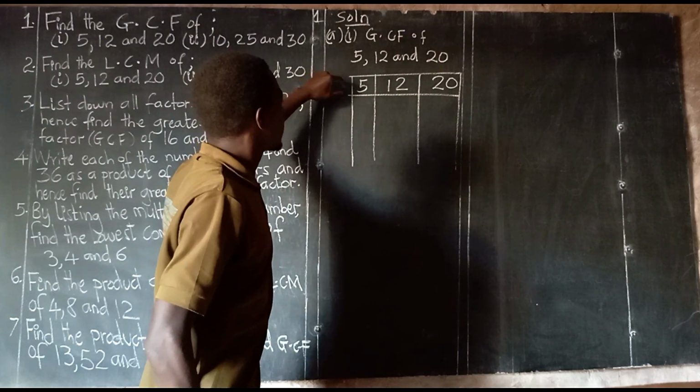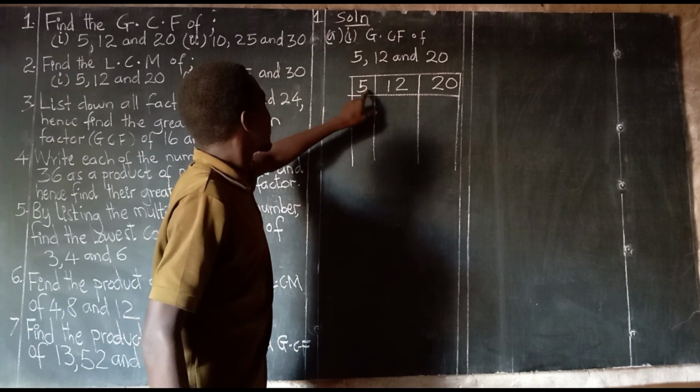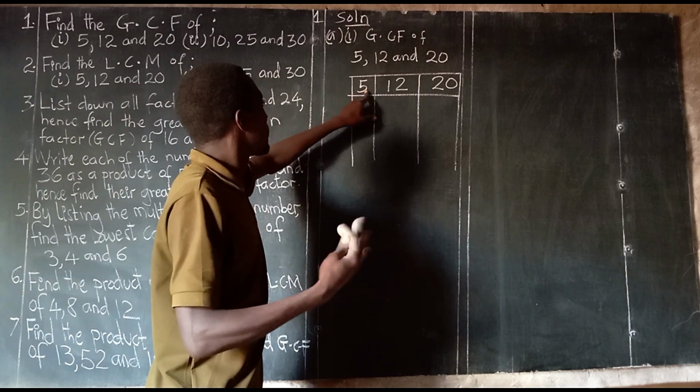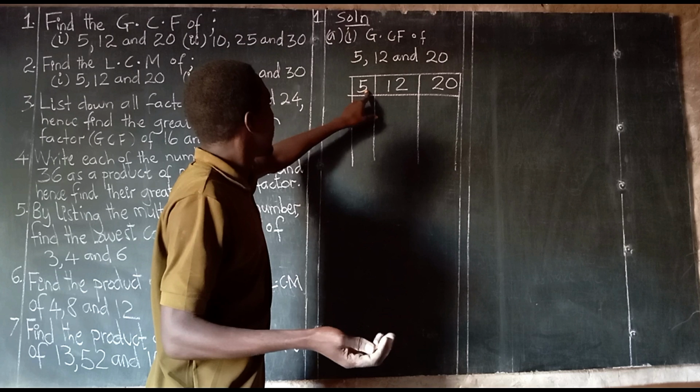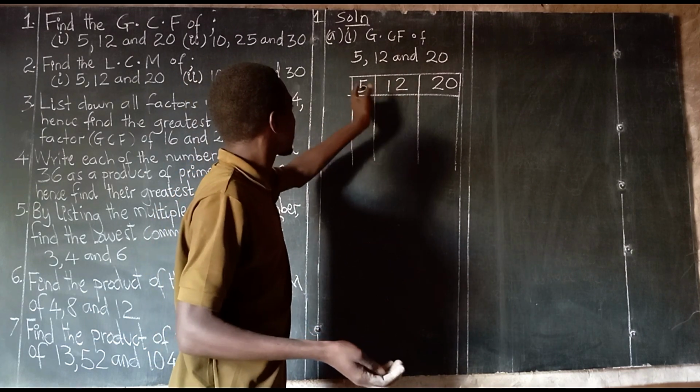Now, you start looking across these three numbers by starting with the smallest prime number, which is 2. If there is any which is divisible by 2, you start with 2.